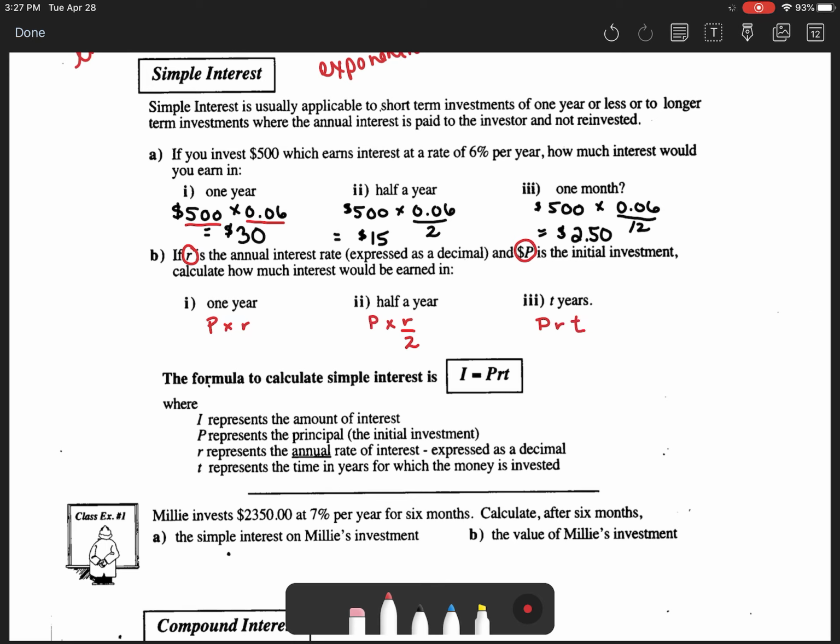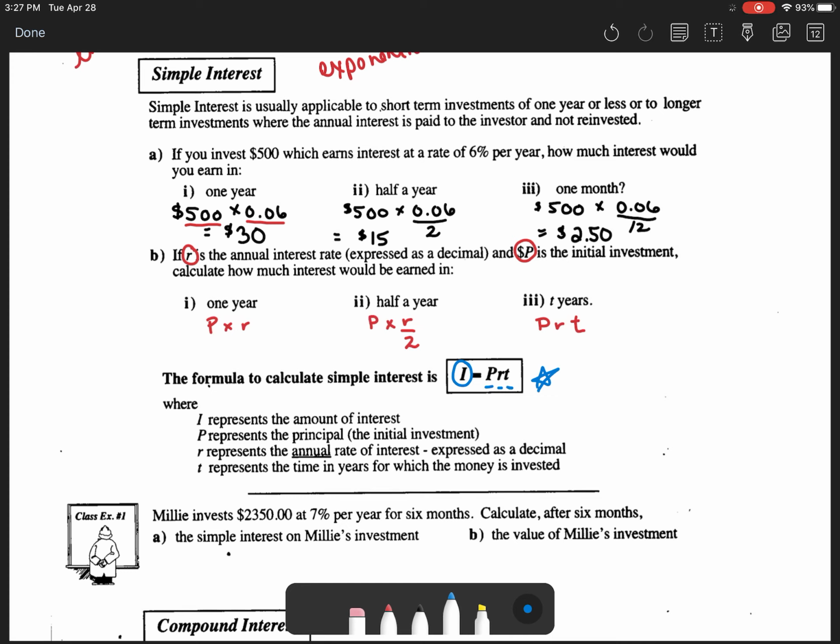In half a year, same thing as up above, P times the interest rate and then divided by 2 or multiply by 1/2. And then for T years, it would be the amount that you started with times the interest rate, and then T represents the number of years. So it could be 3 years, you'd put 3 in for T, 10 years, you'd put 10 in for T. So just a general equation there that would help us calculate the annual interest, or the interest for the time period that is in question in that particular instance.